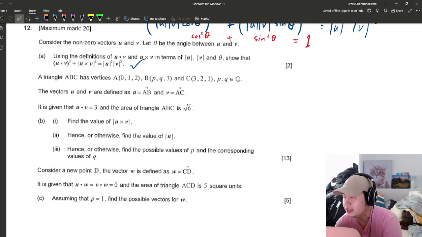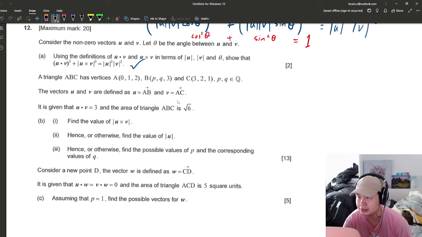Okay, then we have triangle ABC with these vertices. U and V are AB and AC. Before I do anything else, let's calculate u.